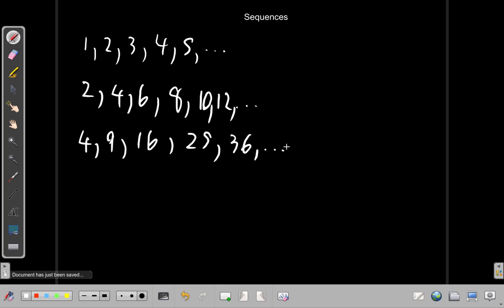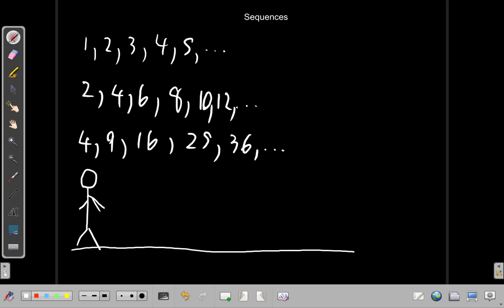Now, sometimes there are examples of sequences in everyday life, and you see them every day or almost every day, right? For example, suppose this is you, and this is a floor, and you throw a ball on the floor.